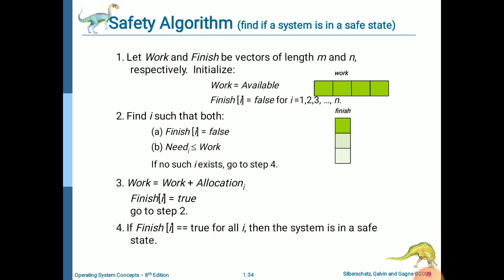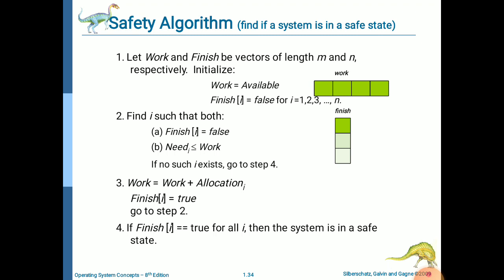The second and the third points are repeating statements, and this repetition ends in the second step only. Just look at this second step: find i such that both conditions are satisfied.